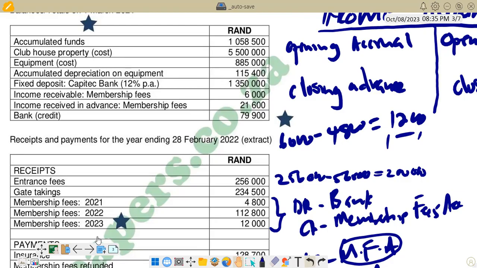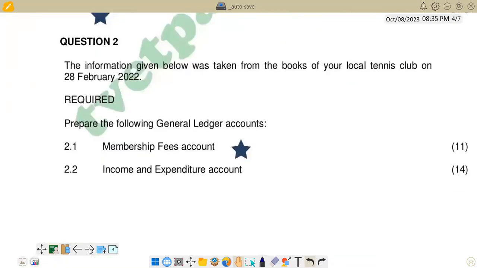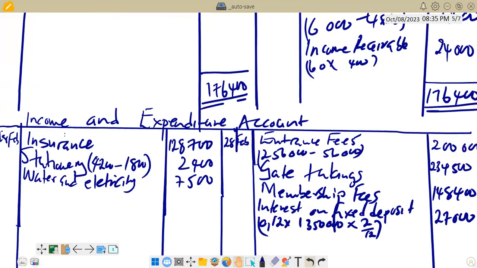So we go again and make that calculation, summarize that calculation in the answer section. Here we are going to say depreciation. On depreciation, we are saying it's 15%, so it's 0.15. We multiply by 885,000 for the carrying value, minus 115,400.